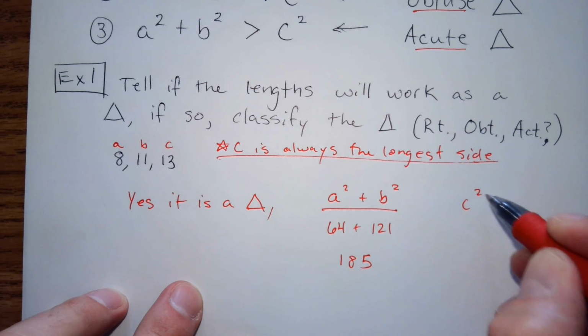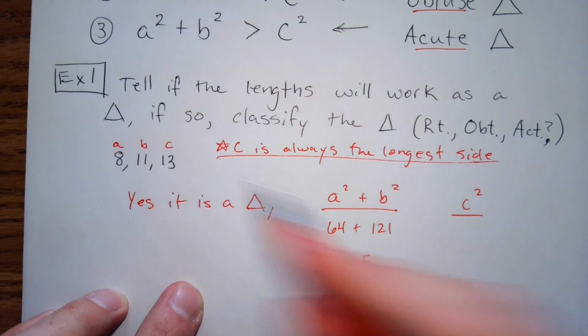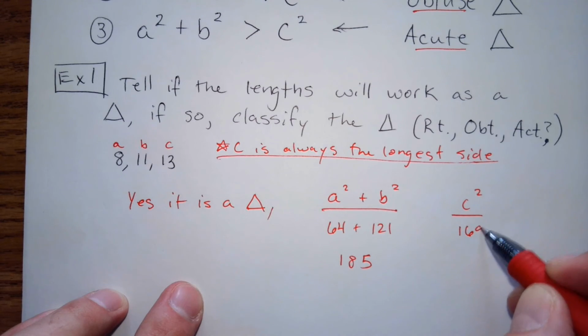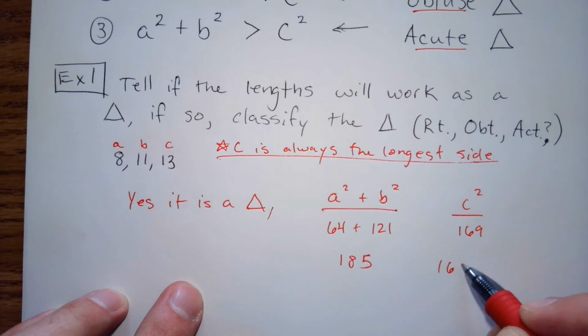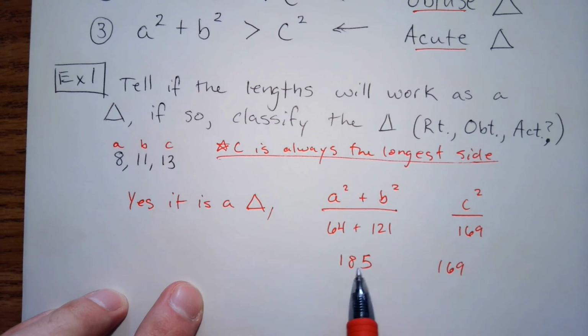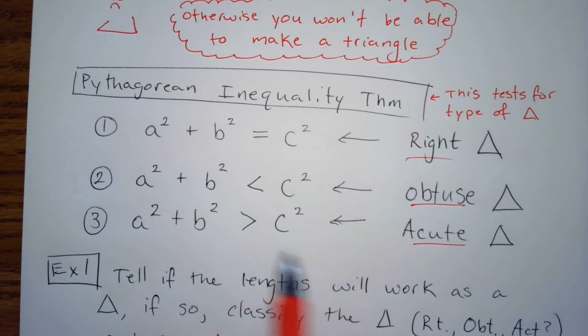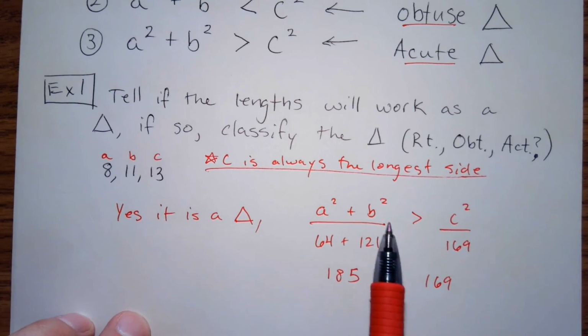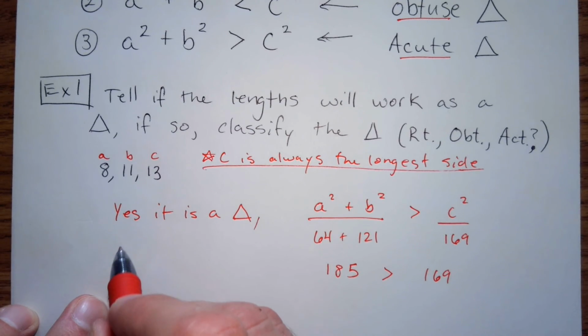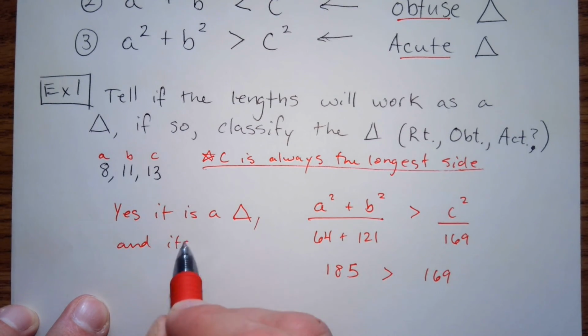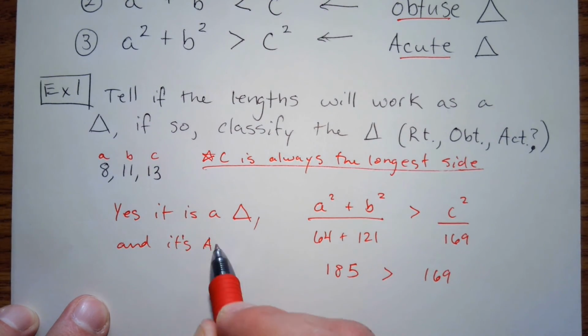And then I want to see what c squared is. 13 times 13 is 169. And what do I have? This is smaller. C squared is smaller. That means we have an acute triangle. Do we understand that? So yes, it is a triangle, and it's acute.